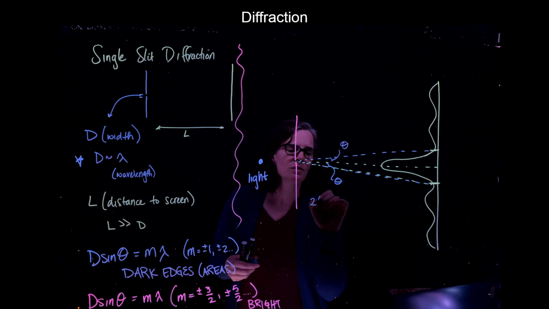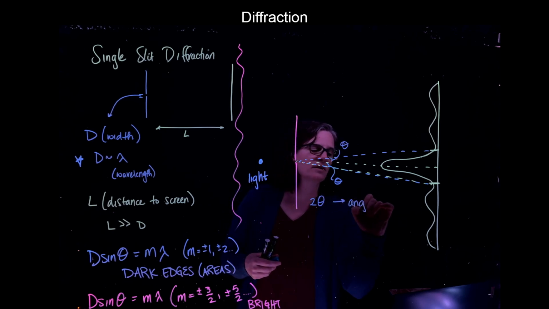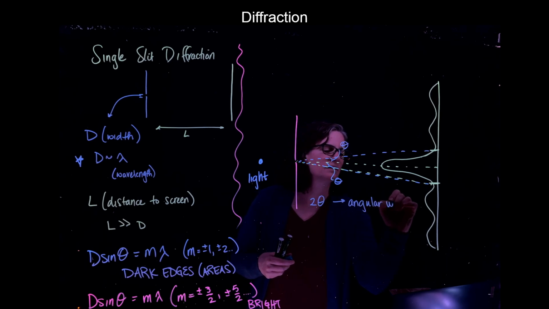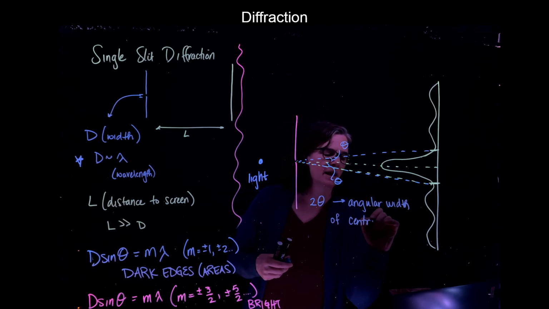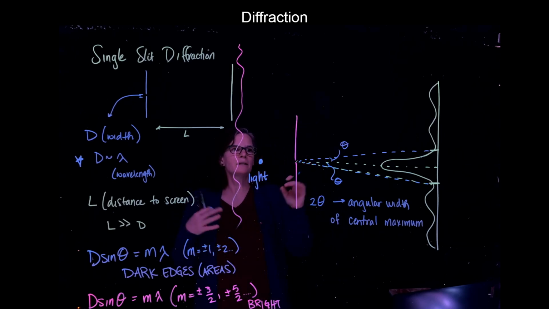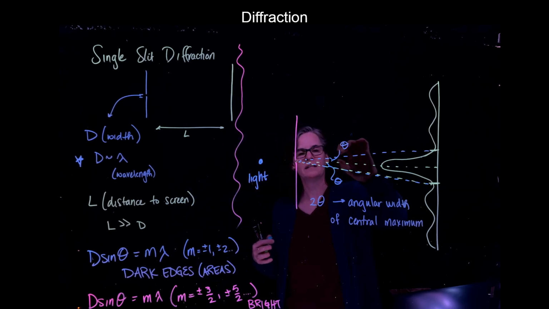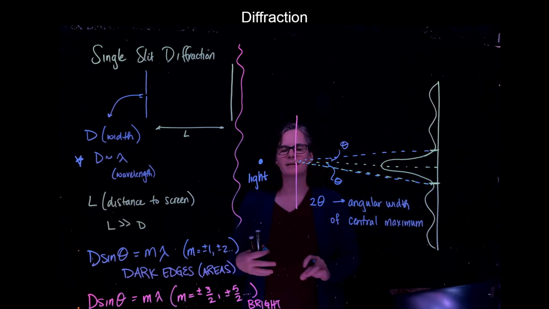So 2 theta is the angular width of the big bright spot, which is called the central maximum. That's how wide it is angularly.